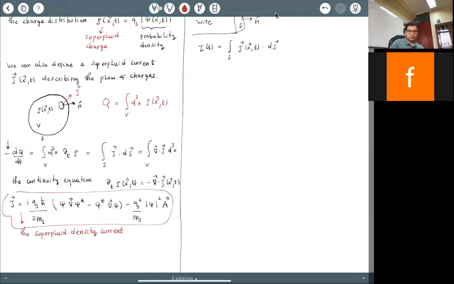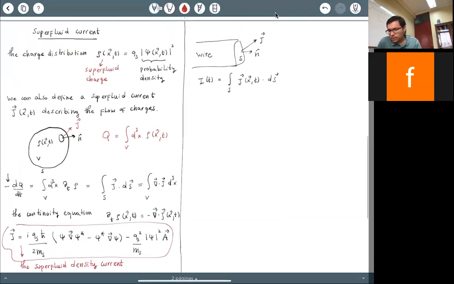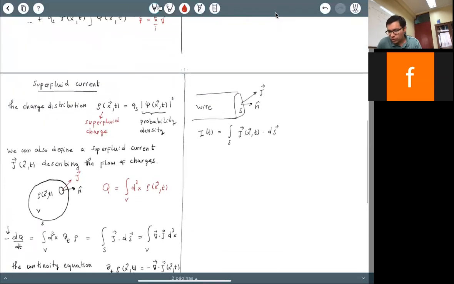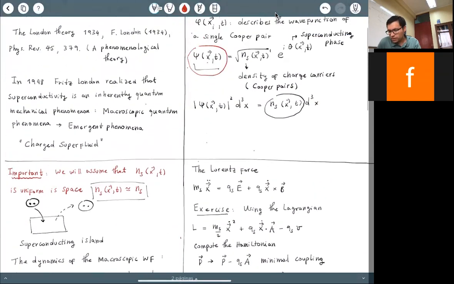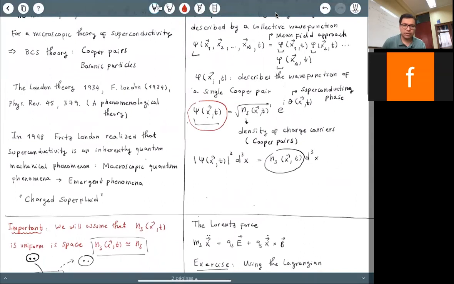This will be very important, because then we will establish the equations of motion for describing the dynamics of a superconducting sample. But again, in this lecture, the main concept that I introduced was the concept of the macroscopic wave function. Okay.